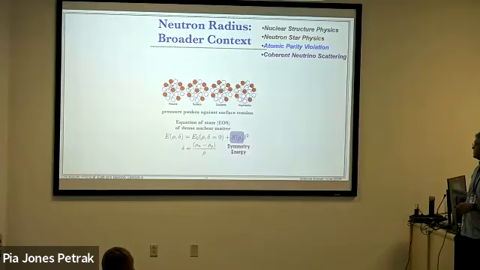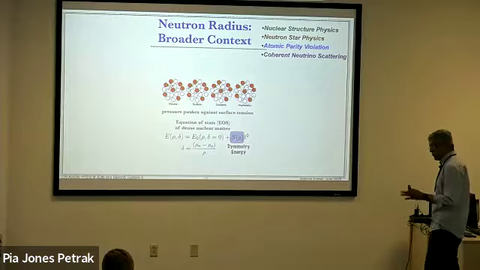So the symmetry energy of dense nuclear matter has this symmetry energy term where if you define delta to be the neutron density minus proton density over the average density, and then as you increase the neutron density, how does this symmetry energy evolve?